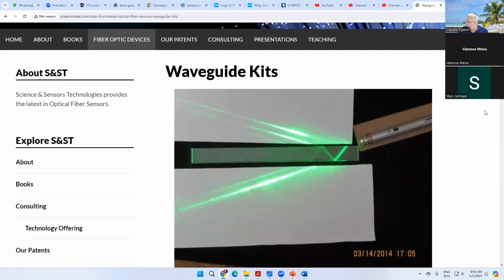Here's my laser pen. My laser pen, by the way, is right here in my hand. It's the same one that's pictured in there. Let's show you it again.